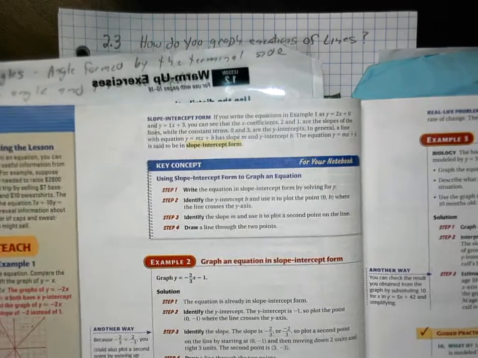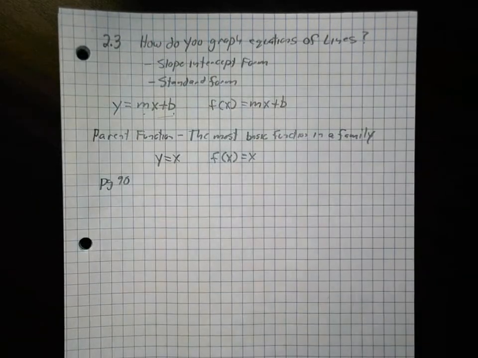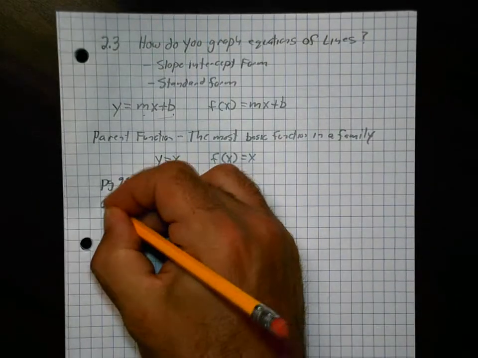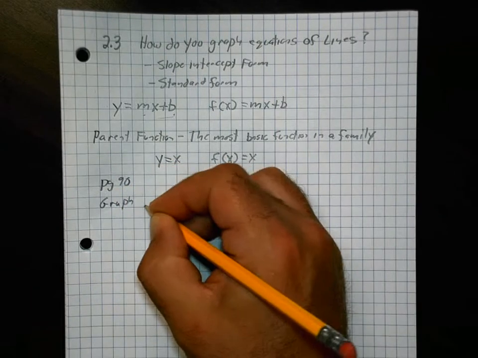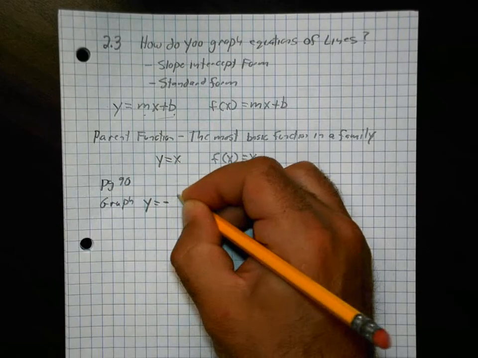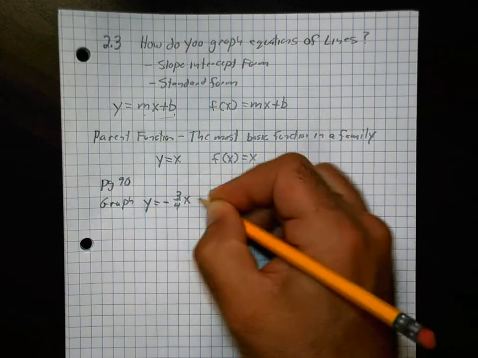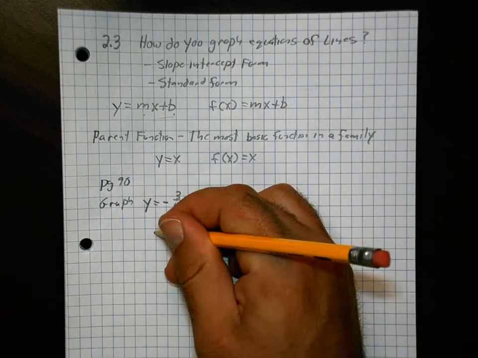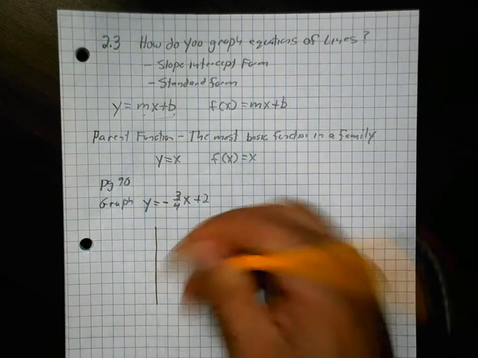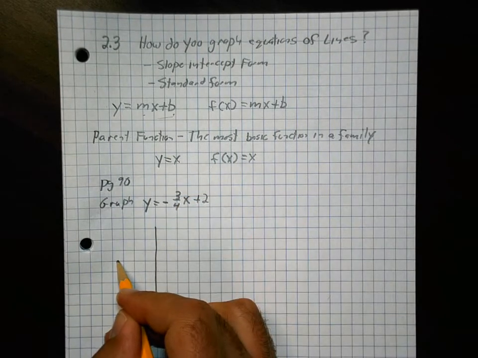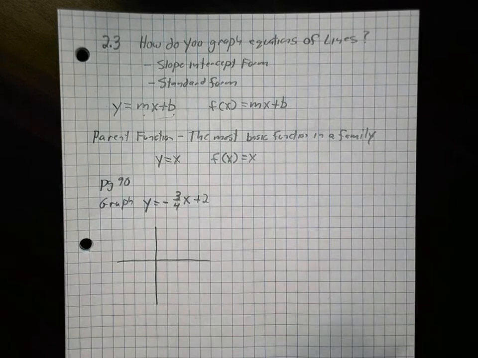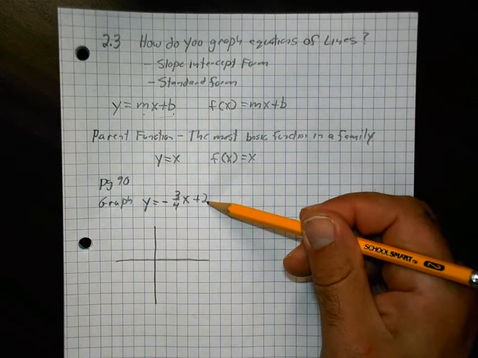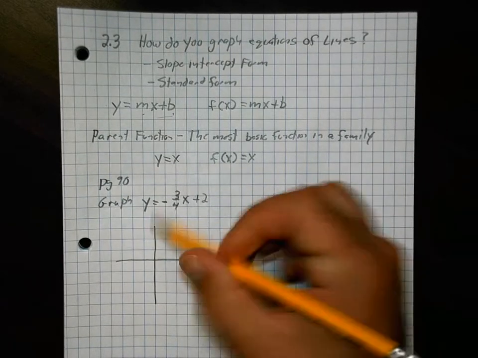Okay, so let's apply that with an example. Let's go with y equals negative 3/4 x plus 2. Okay, so let's start by drawing an xy axis. So my y-intercept is 2. I'll plot that at (0, 2).